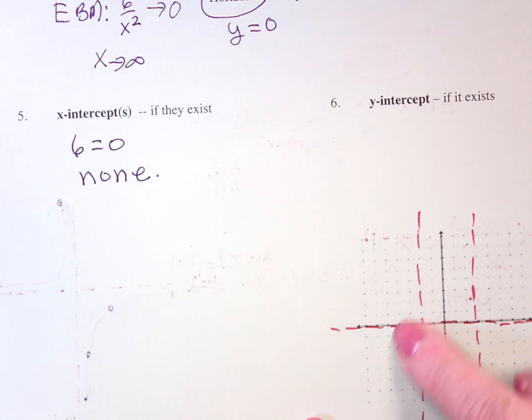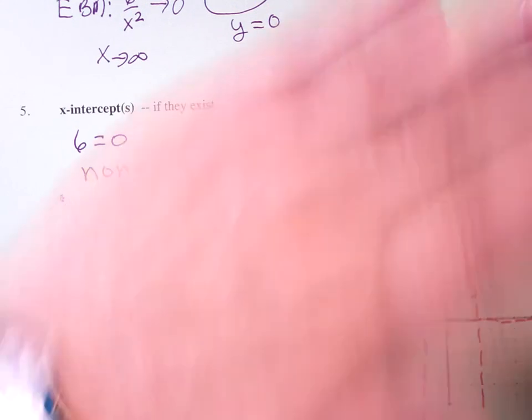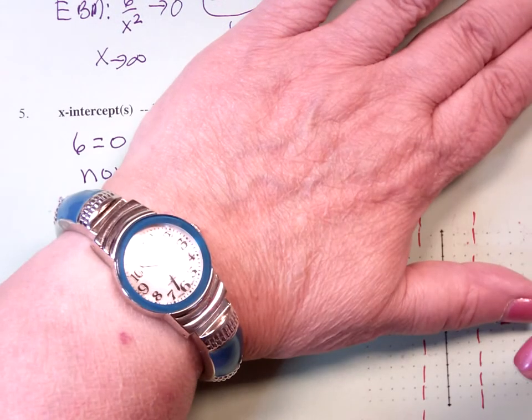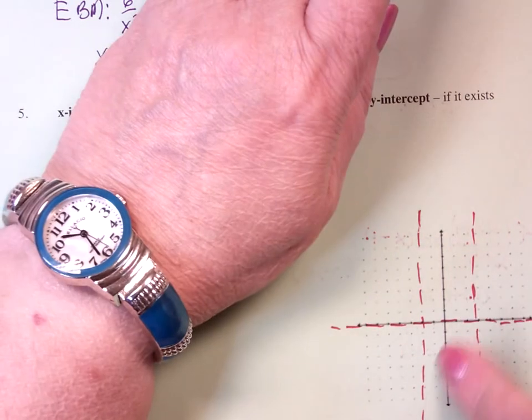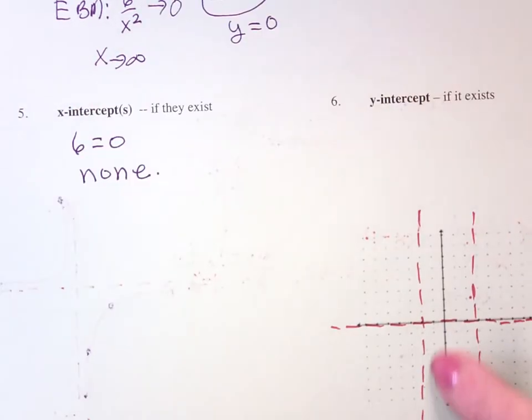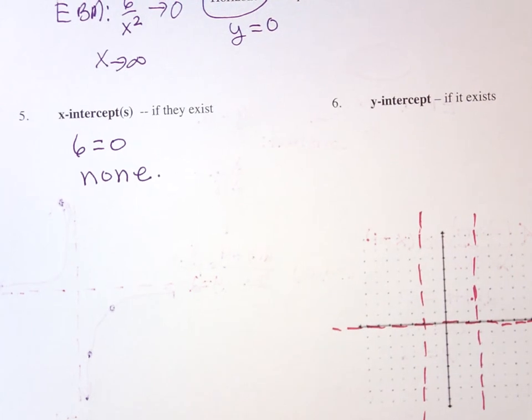Because that says the graph never crosses the x-axis ever. So if the graph is completely above or completely below, that means this can't be an S in the middle. If it were an S in the middle, it'd have to cross. That means it's a U in the middle. Just a U, that's the nature of the creature.